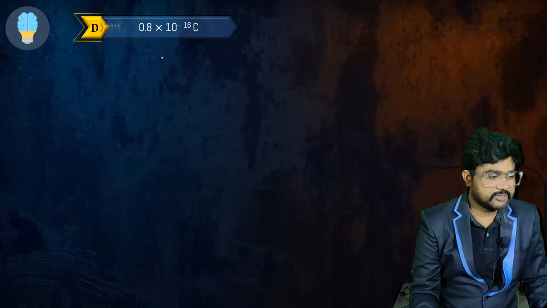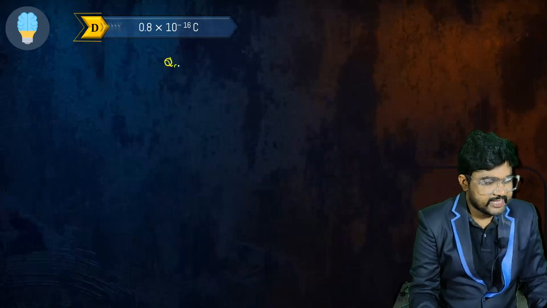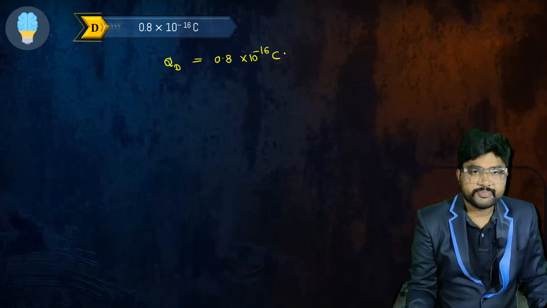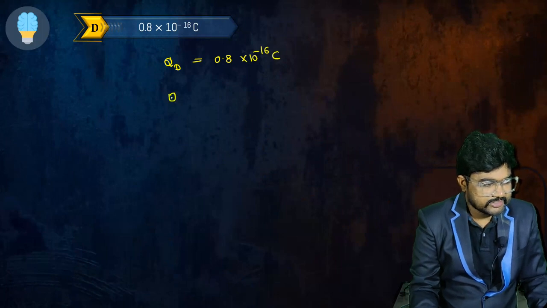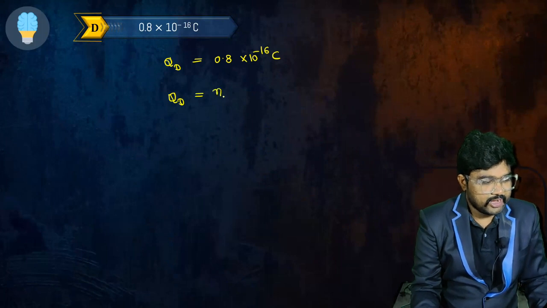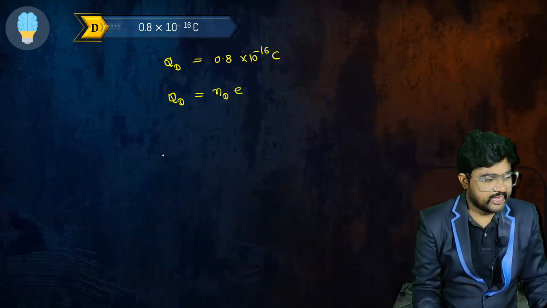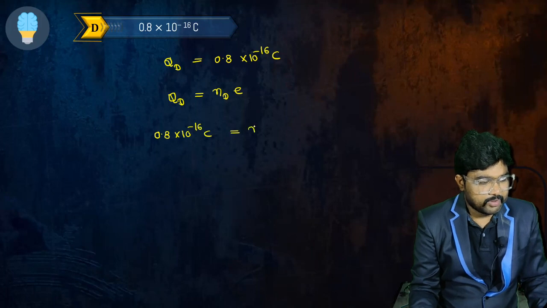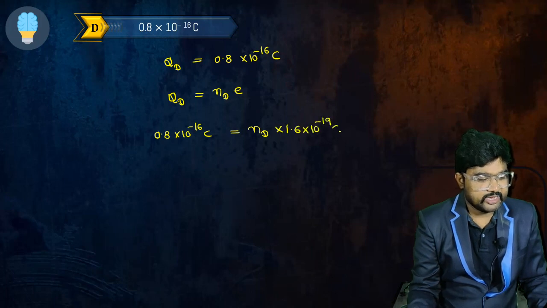Now just have a look at option D. Q_D is given as 0.8 into 10 to the power of minus 16 coulomb. Q_D equals number of electrons times charge on the electron, 1.6 into 10 to the power of minus 19 coulomb.